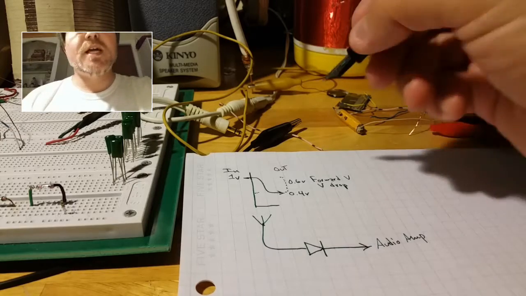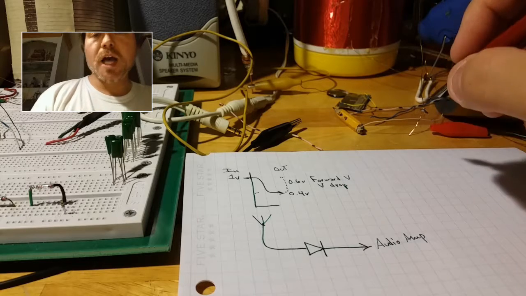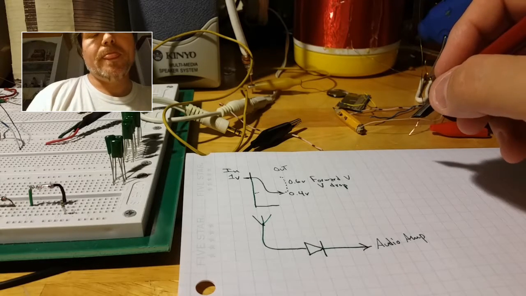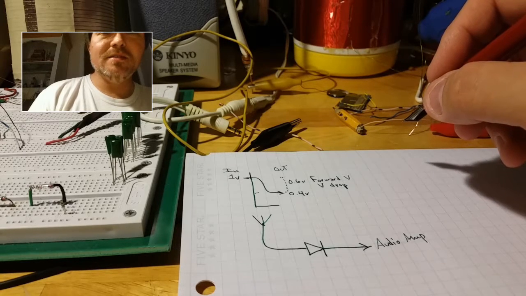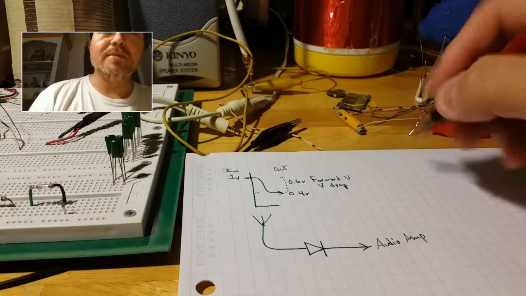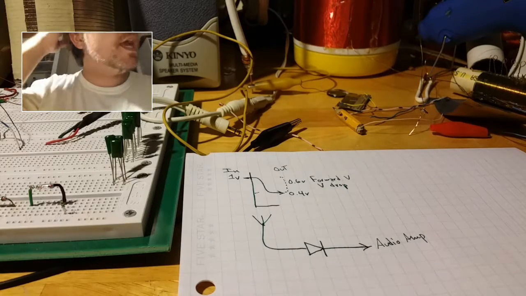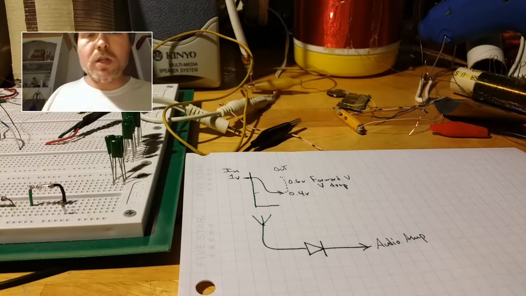Whereas if you have a diode that, say, has a 0.275 volt drop, well, you only need 0.275 volts going in for it to pass that to the audio amp. And that's what we have. We wind up with a diode passing a whole lot more signal to your audio amp.